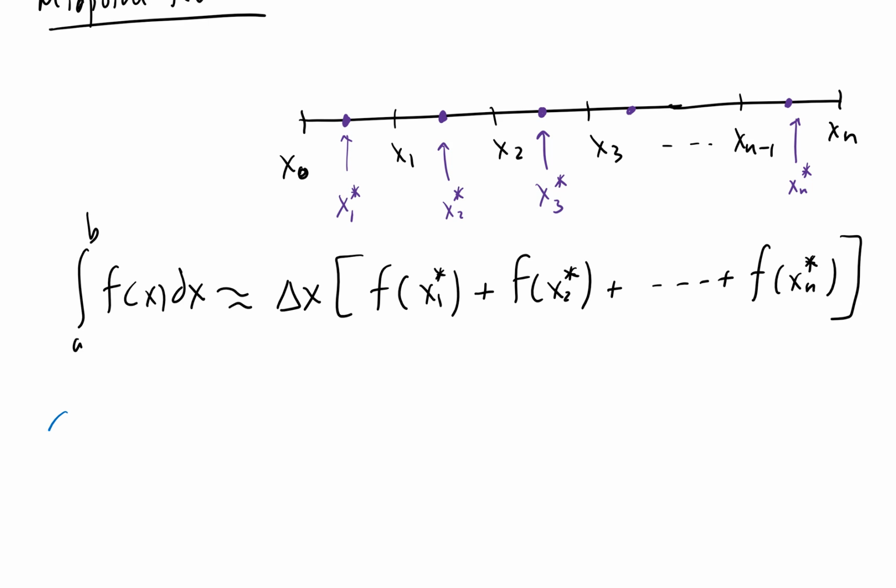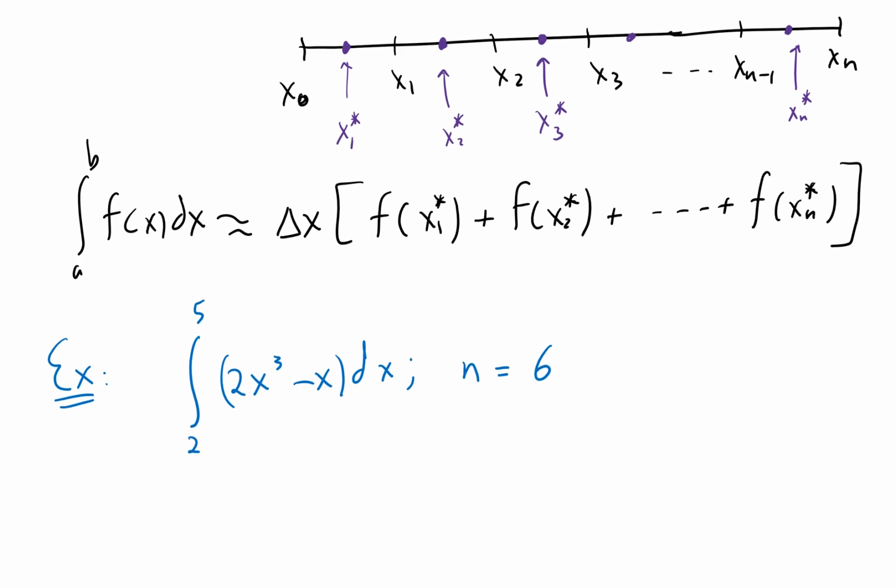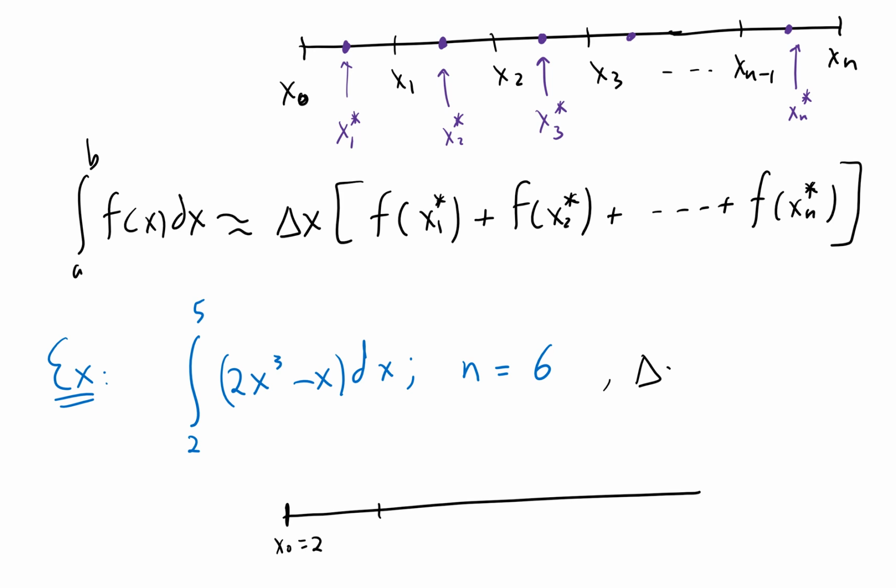So we can go back and use the same example, the integral from 2 to 5 of 2x cubed minus x dx, and n was 6. We're going to find the answer to this. The first one starts at 2. We found delta x to be 0.5.